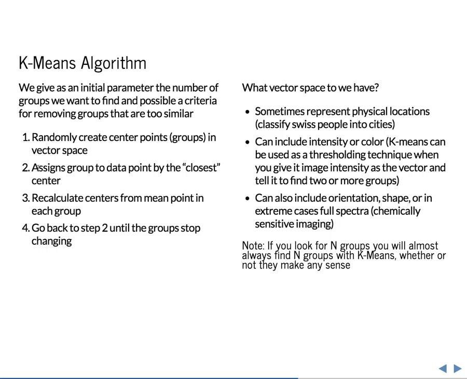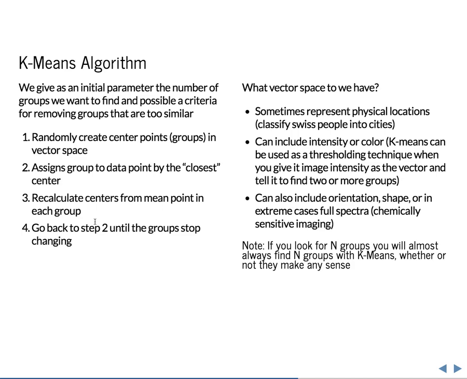So you go through each point you have in your system, and you assign the group by the closest center point to that given point. You then recalculate the centers from the mean point of each group. So this is an iterative method where you have an initial guess and you update it. And then you go back to step 2 until groups stop changing, or until you reach the iteration count you're trying to go for.